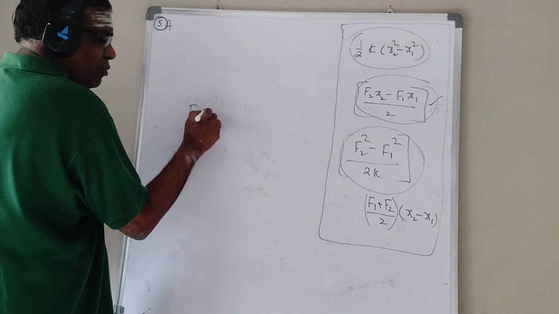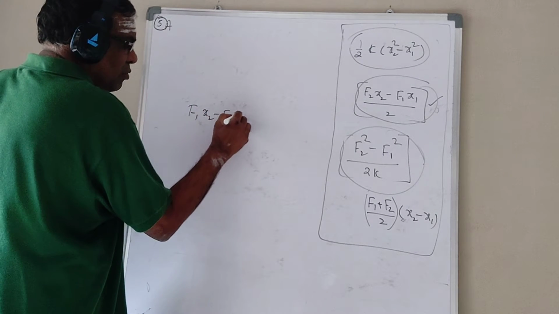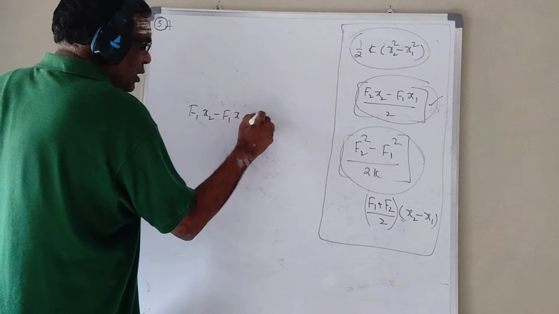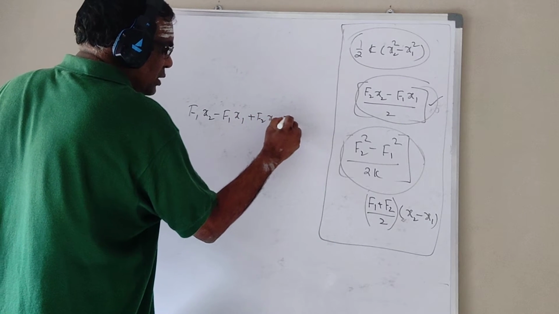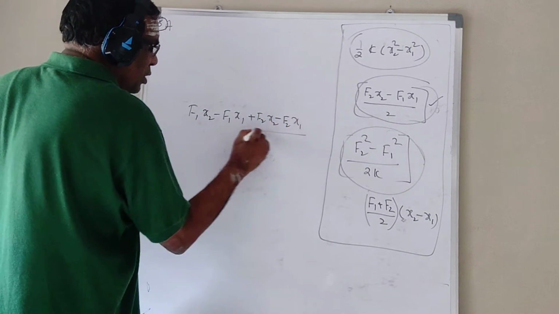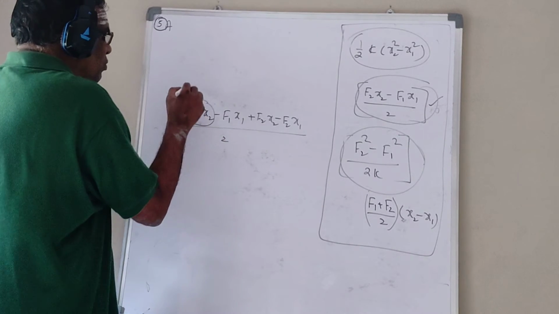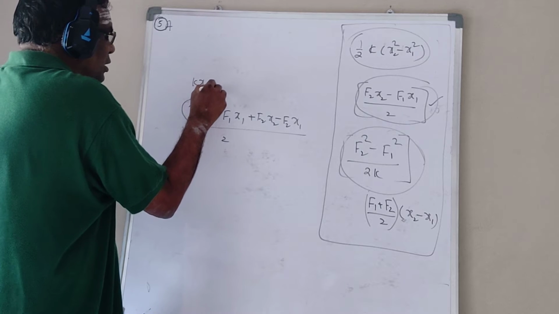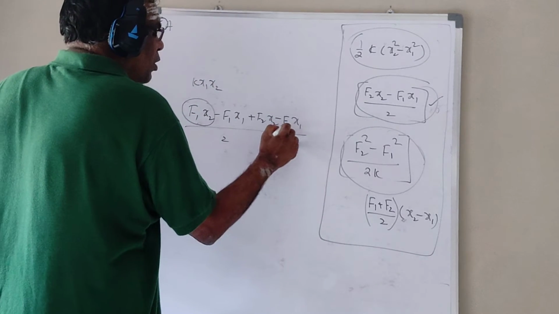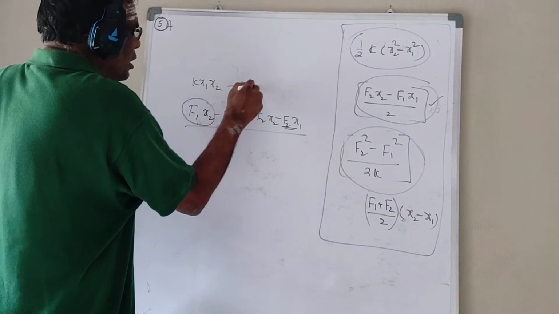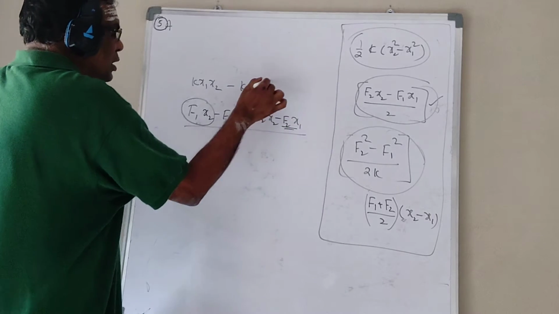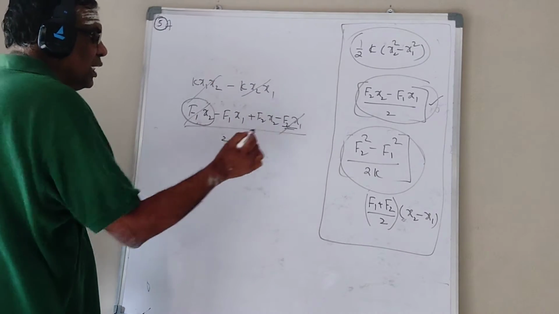Look, (F1 x2 minus F1 x1 plus F2 x2 minus F2 x1) by 2. But F1 x2, what is F1? kx1 x2. And what is F2 x1? kx2 x1. You see, these two terms cancel.